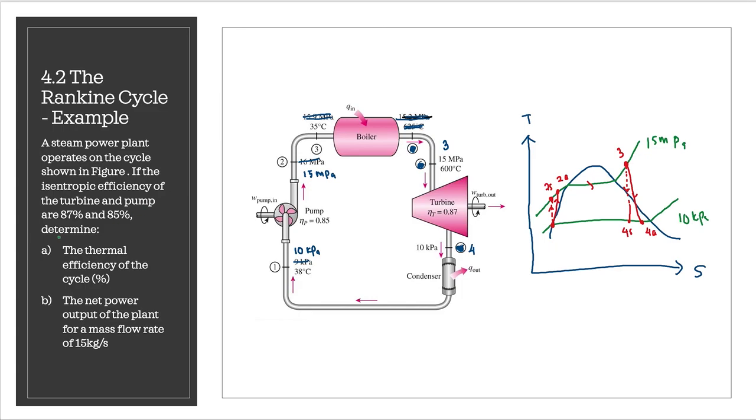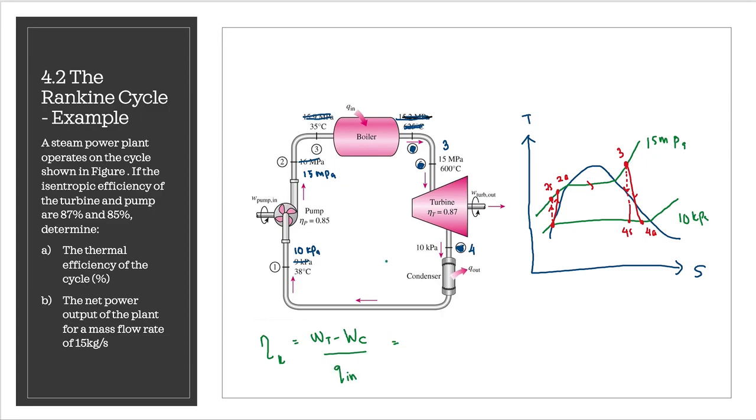So the question is determine the efficiency of the cycle and net power output of the plant for a mass flow rate of 15 kilogram per second. So to find the Rankine efficiency or the thermal efficiency of a cycle, we have the formula: work of turbine minus work of compressor over Q in.